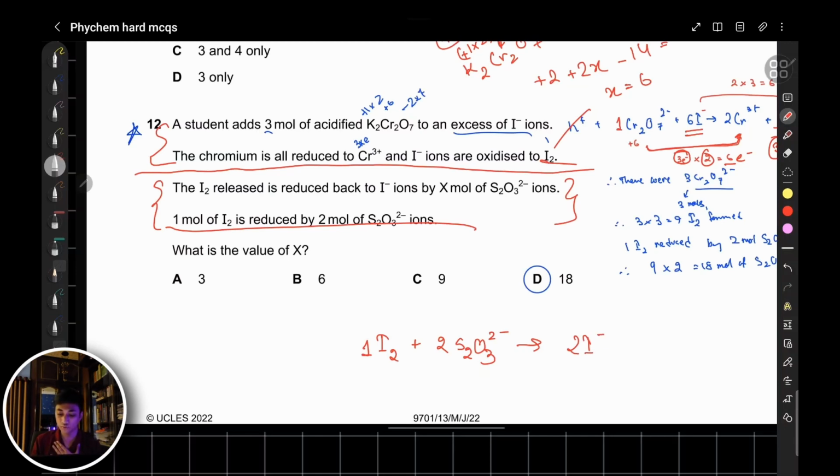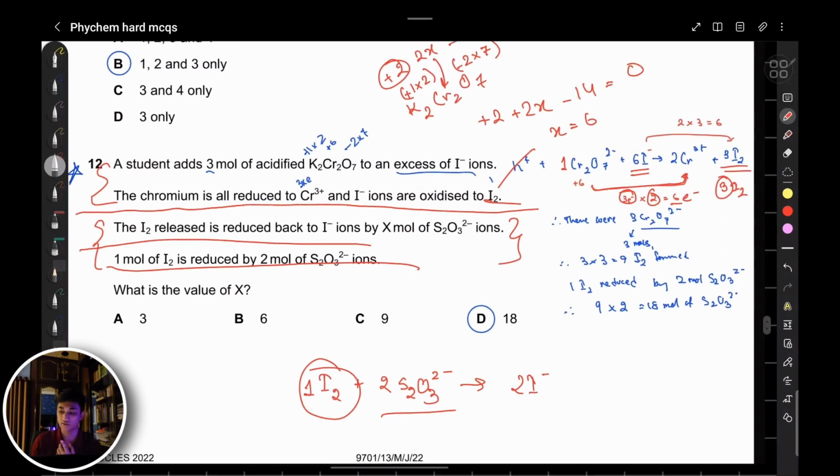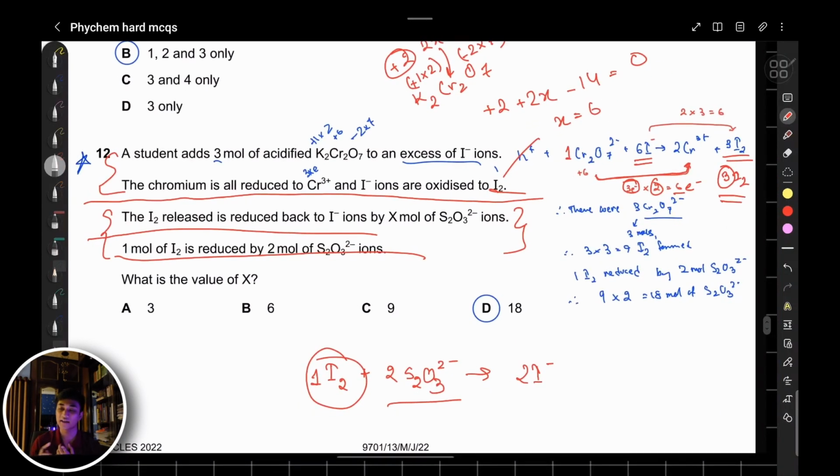Okay, so for each iodine molecule, you need 2 mole of S2O3. So for this reaction where you're getting 3 iodine molecules for one chromate ion, how many S2O3 ions do you need?